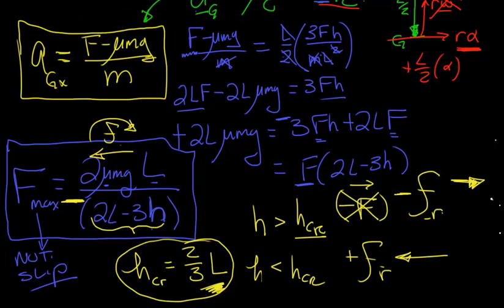What's also interesting is that for H equal to H critical, we get division by 0, which means an infinite force could be applied to the rod and it's not going to move. In fact, if we plot this function out, it looks something like this.